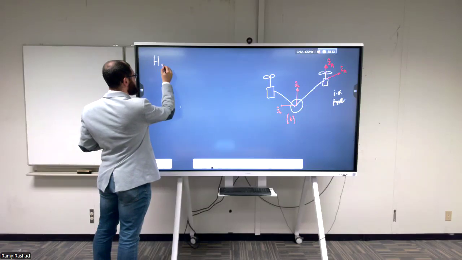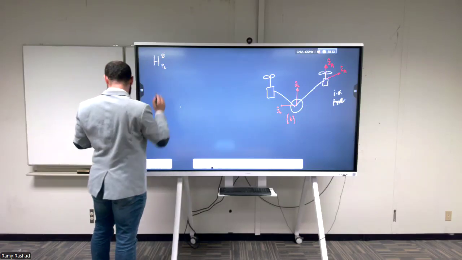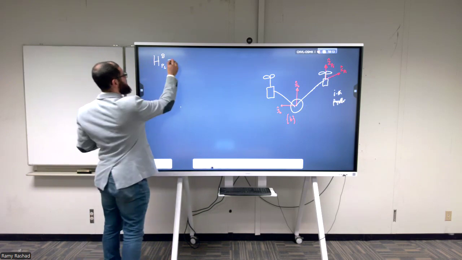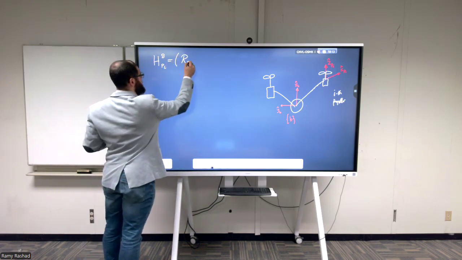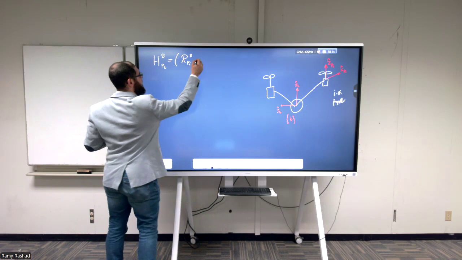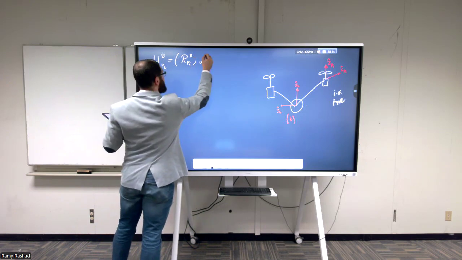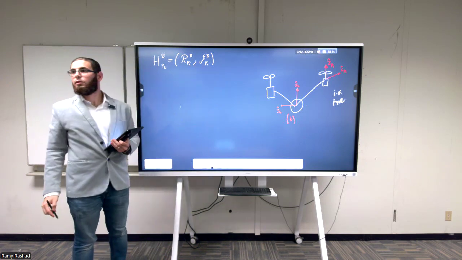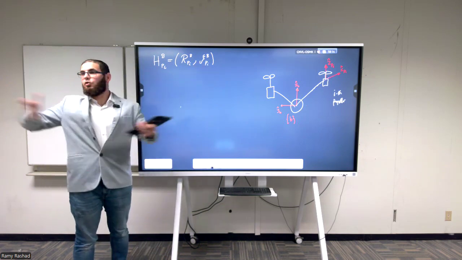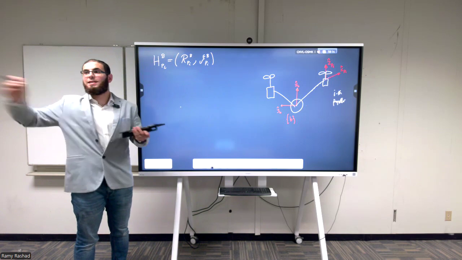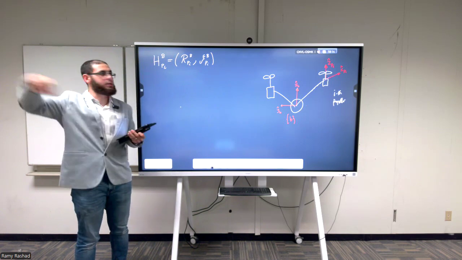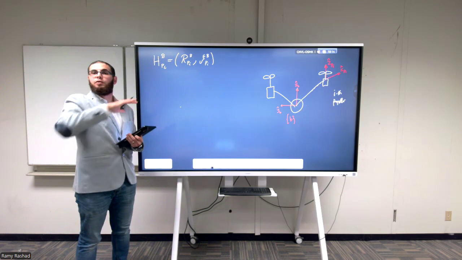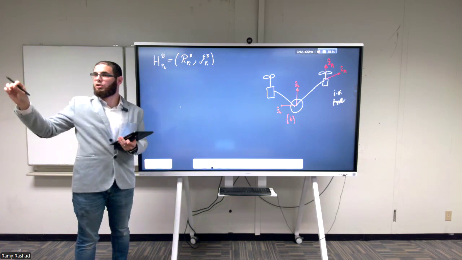H_PI with respect to B is simply the pair of R_PI with respect to B and the psi_PI with respect to B. So this is your choice. Based on how big the drone is, where the rotors are located, how many rotors, you're going to have many of these homogeneous transformations.